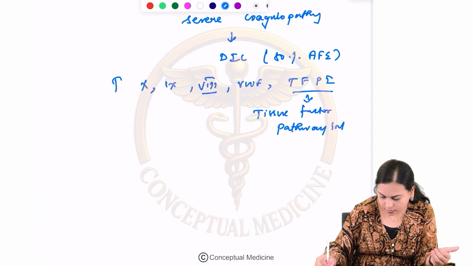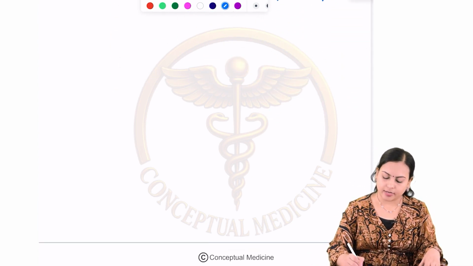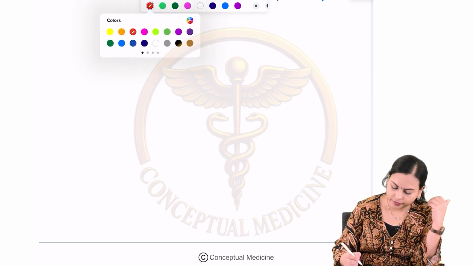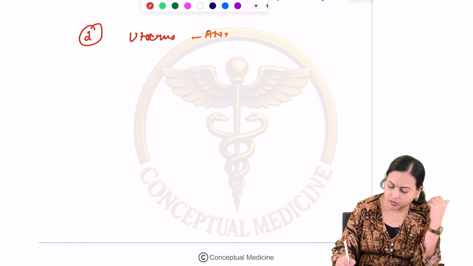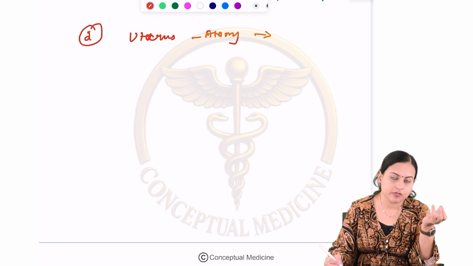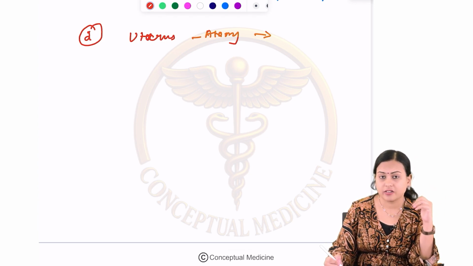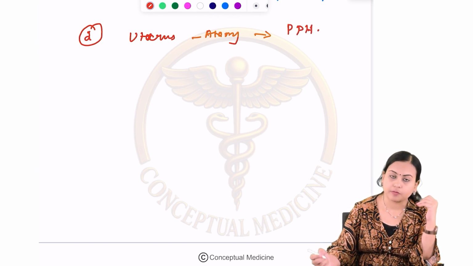So this is one possibility. On another side, there is uterine atony happening, and the uterus is not going to contract and return to the normal state. So that is going to cause severe PPH.